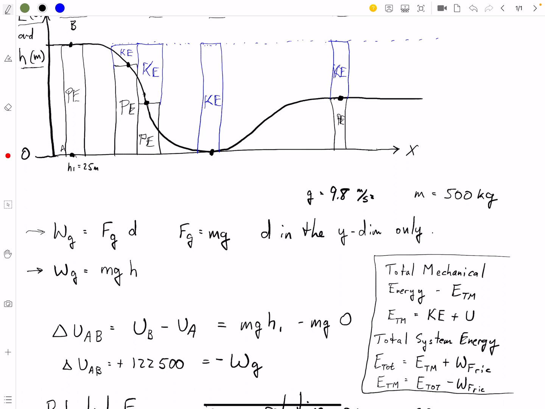Of course, 0 at the bottom. H2 is equal to 20. H3 is equal to 10. Of course, H4 is equal to 0. And then H5 is again 10.